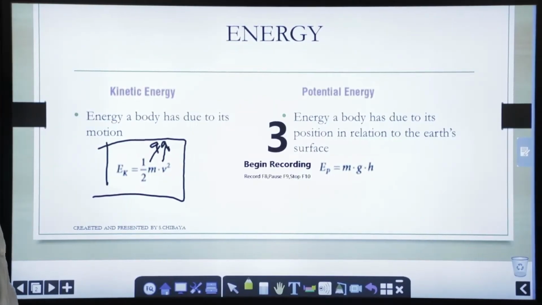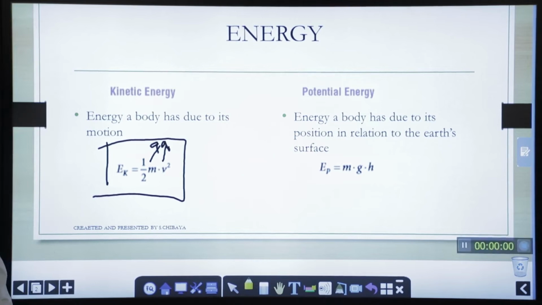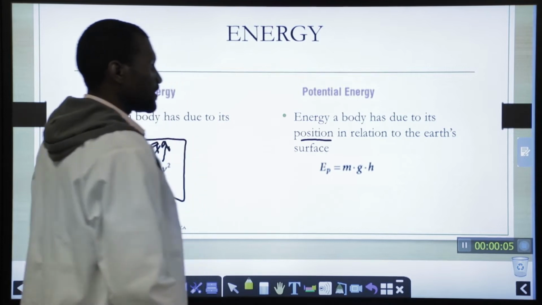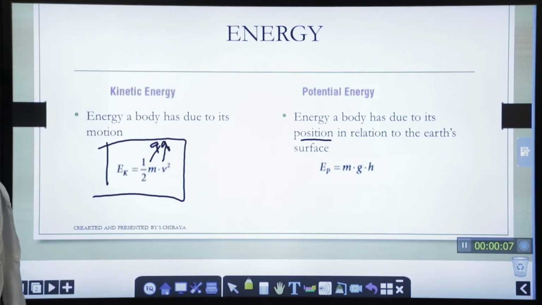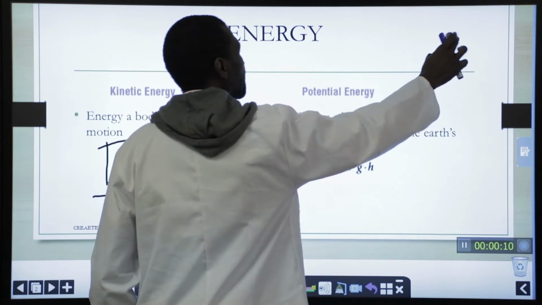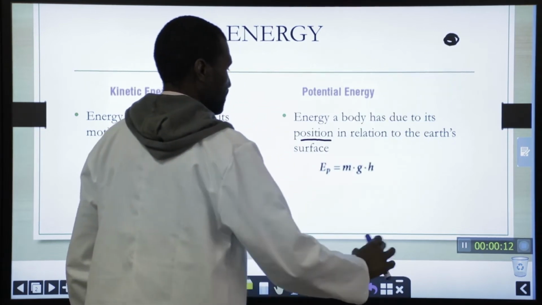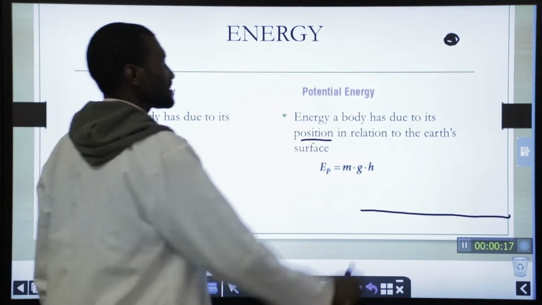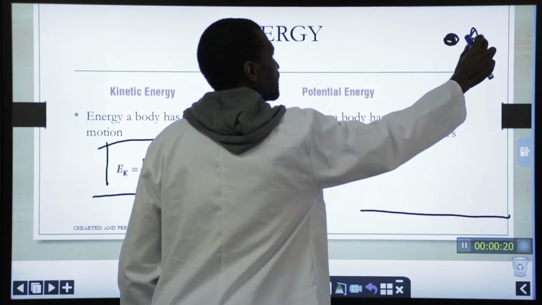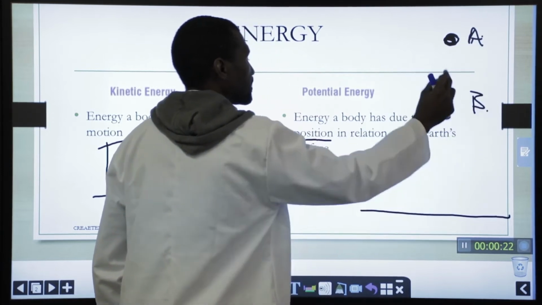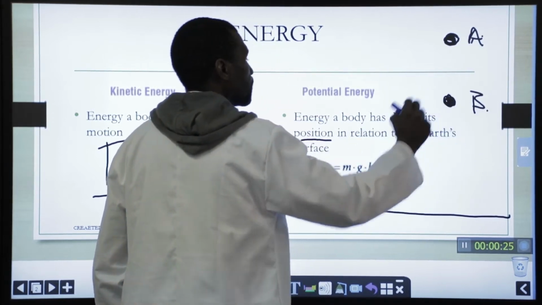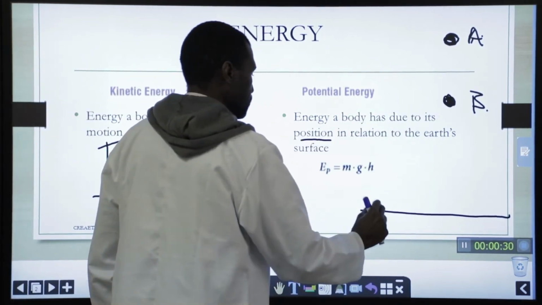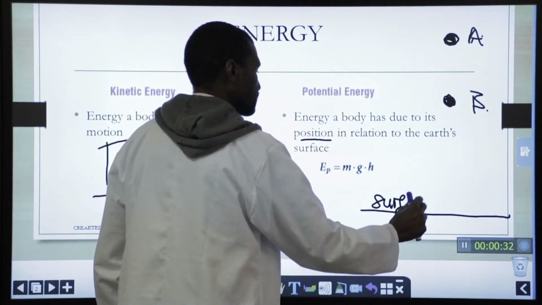Okay, how about potential energy? Potential energy is the energy a body has due to its position in relation to the surface of the earth. So for example, if an object is high up in relation to the surface of the earth, we can say that object A has got more potential energy compared to object B of equal mass due to their position in relation to the surface of the earth.